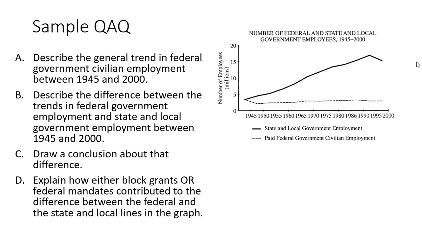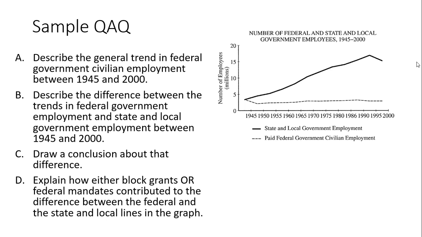But I'm comparing that to the federal line, which has been stable. So I might say something like, for most of this period, the number of state and local employees was greater than the federal. Or while the number of state and local employees steadily increased over this period, the federal number remained stable. There's a lot of different ways to word it, but you're just basically comparing the lines.